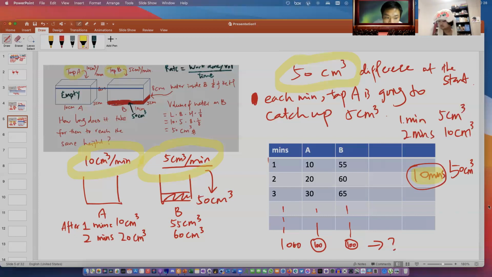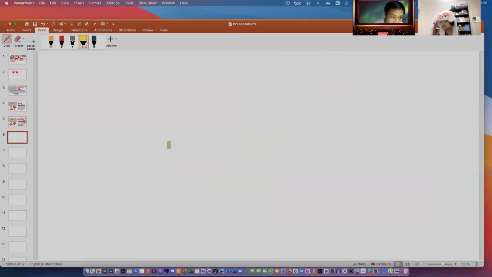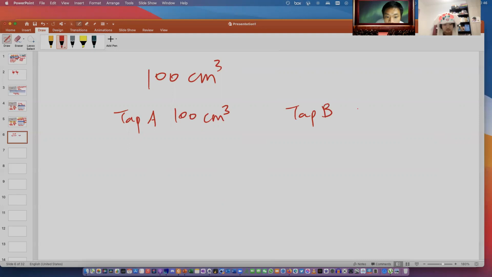So if I change the question, let's say the difference at the start is actually 100 cm cube. And now tab A, the rate is 100 cm cube. Tab B, the rate is 95 cm cube. So how long does it take for them to reach the same height?